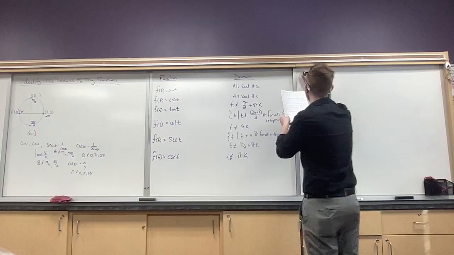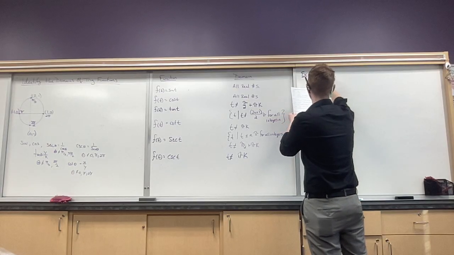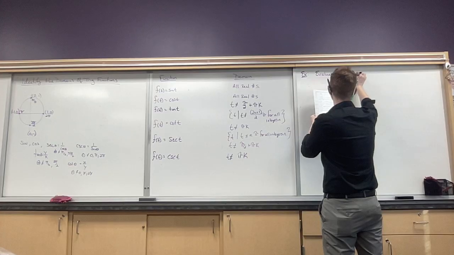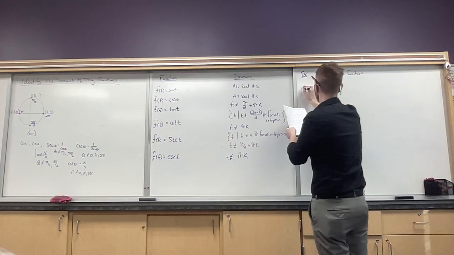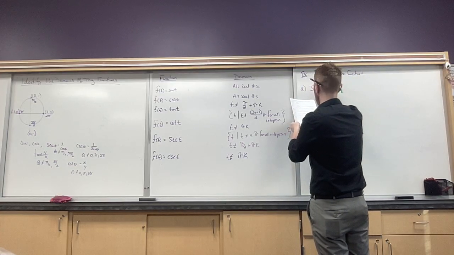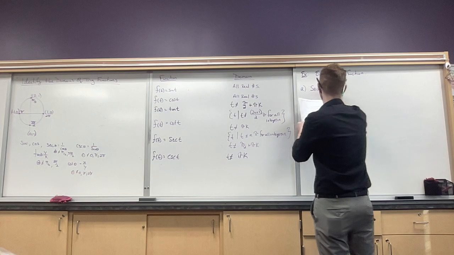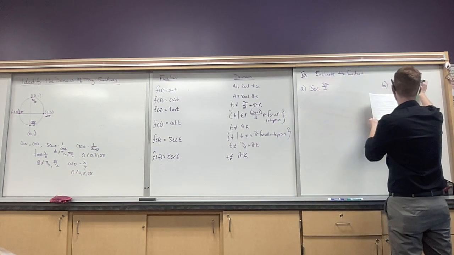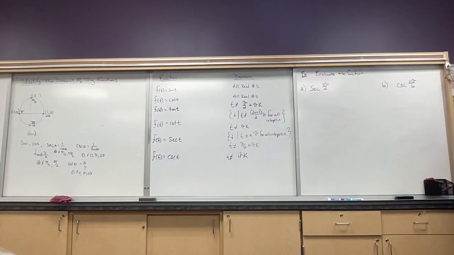Let's look at an example. So let's evaluate the function. So we're going to do secant of 3 pi over 2. And the other one, we're going to do cosecant of 11 pi over 6. Okay?